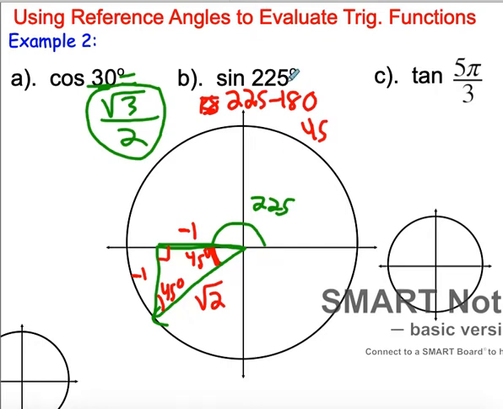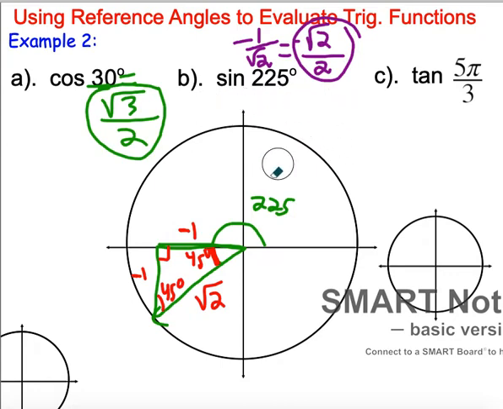And so up above, sine of 225, well, let's look. Opposite is negative 1 over hypotenuse, which would be square root of 2. So you rationalize, you get negative square root of 2 over 2. Okay? And so we use our reference angles to solve these.